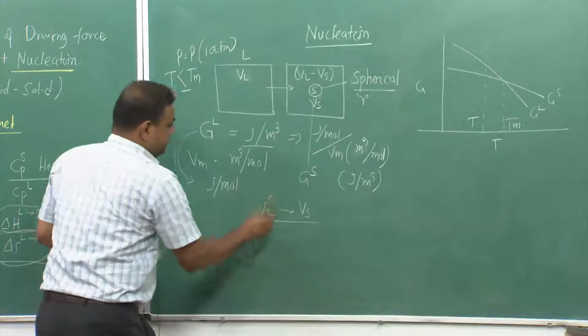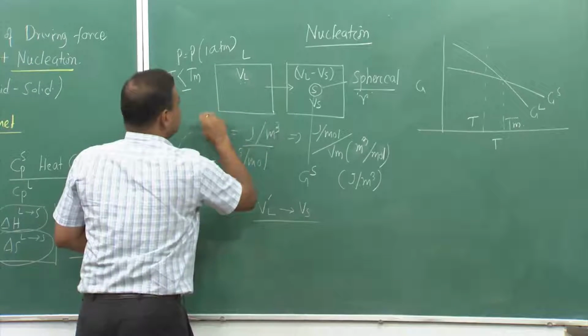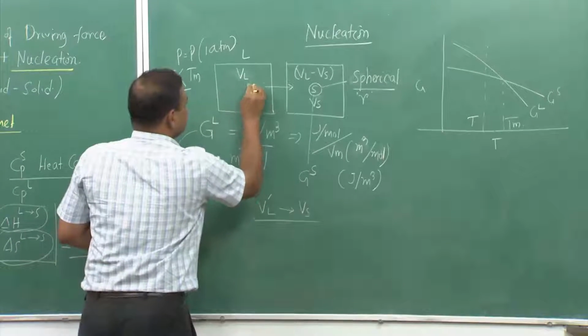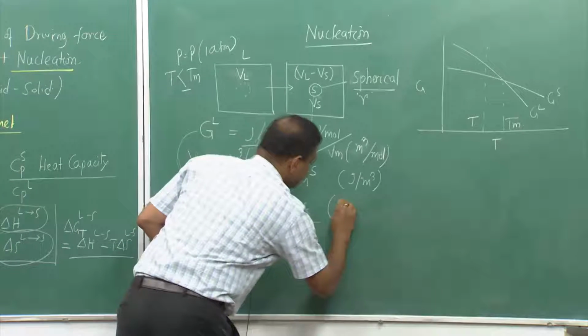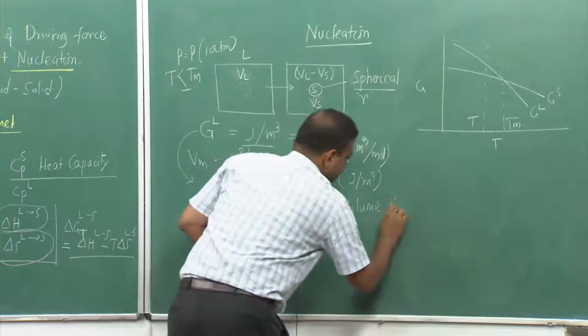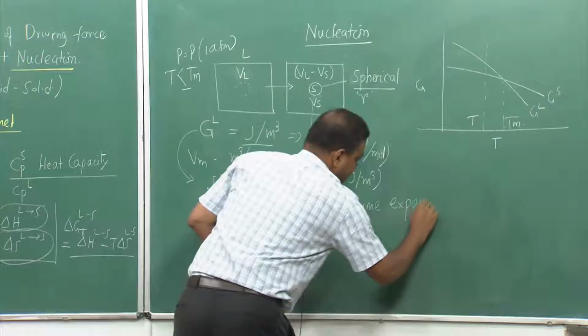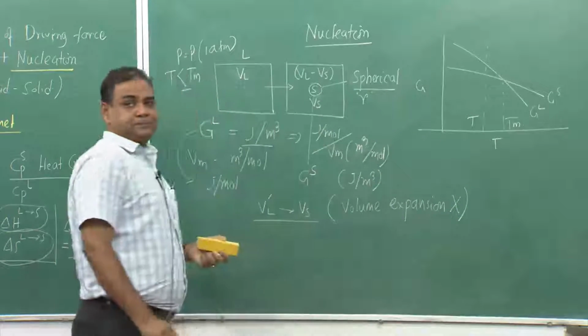Interestingly, I am considering VL converting to Vs whenever this transformation takes place. So, let us say this is V prime. This volume of liquid is converting to this volume of solid, and I do not consider any volume expansion. It is nil.